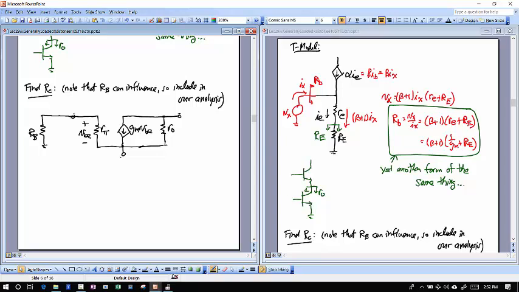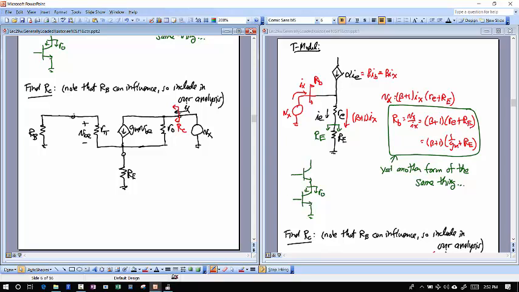I'm going to have an RE right here, and I'm looking for my R little c, and so I'm going to put my test voltage right here and measure that test current. Now I cannot ignore R naught because it's right there in my path, and I'm looking for this resistance seen right here. Of course, that's my RC.